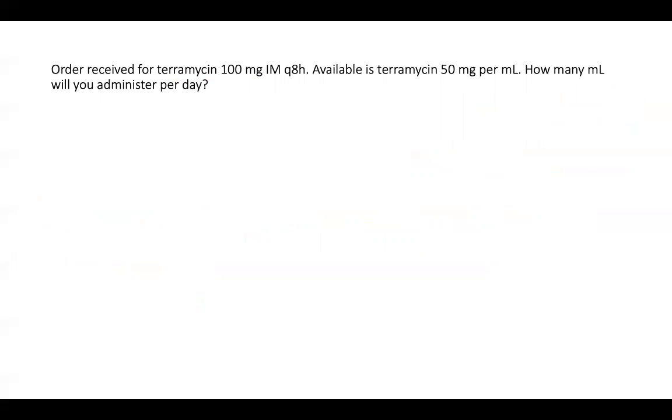Okay, so let's look at our dosing schedules really quickly. The order is for terramycin 100 milligrams IM Q8 hours. That means every 8 hours, the patient will receive 1 dose of 100 milligrams, right? So it's 100 milligrams per dose.